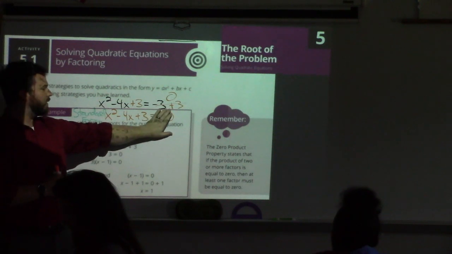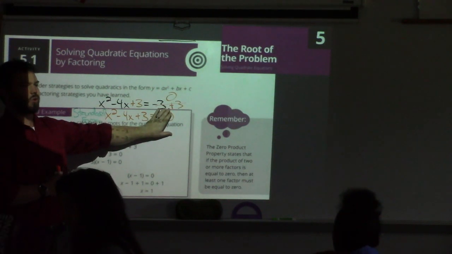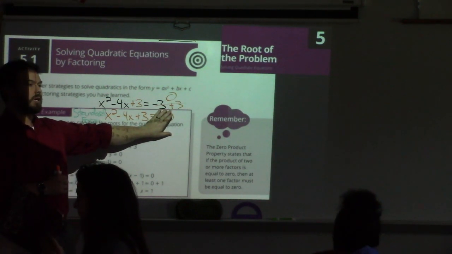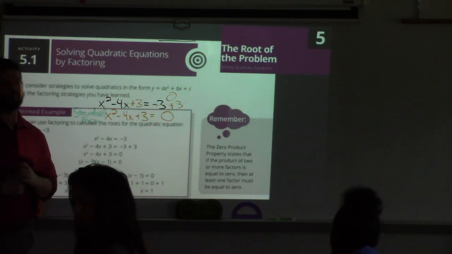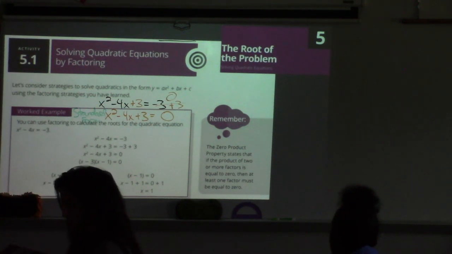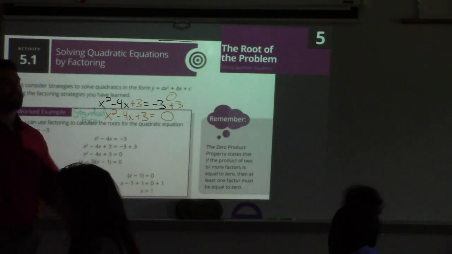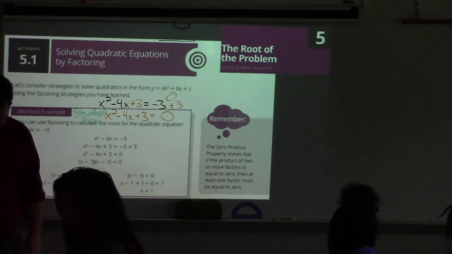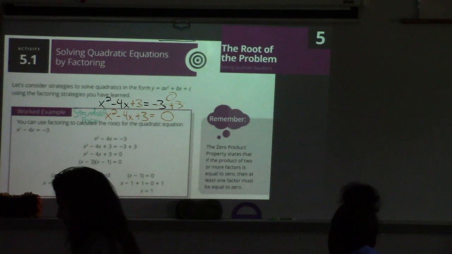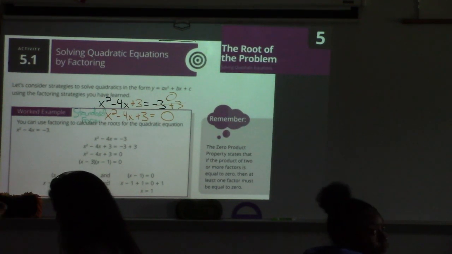Remember, there is my standard form. That C value is my y-intercept. What else can we tell from standard form? If it's concave up or down. Thank you. Concavity you can always tell, right? So we want to pay attention to the fact that we can do concavity and y-intercept, but we don't have the x-intercepts, so we have to graph it.